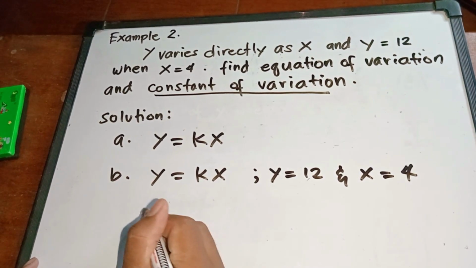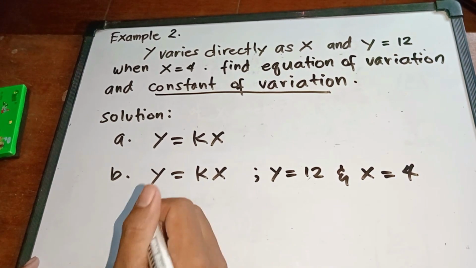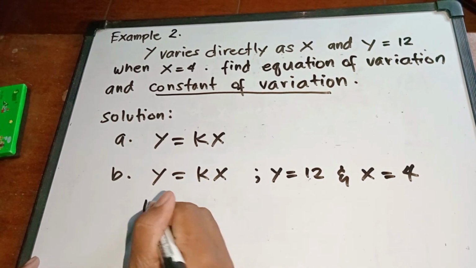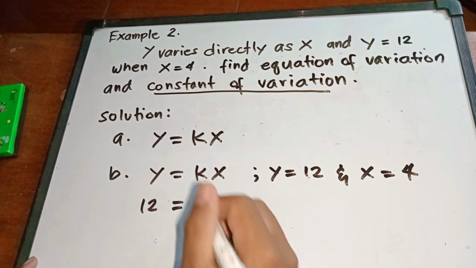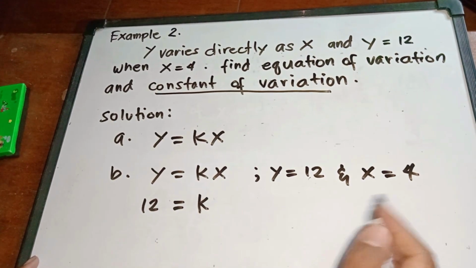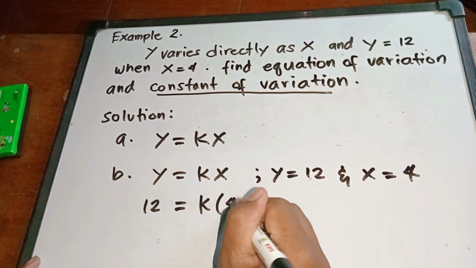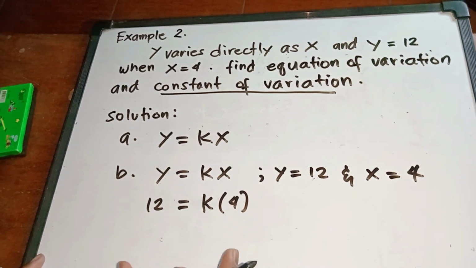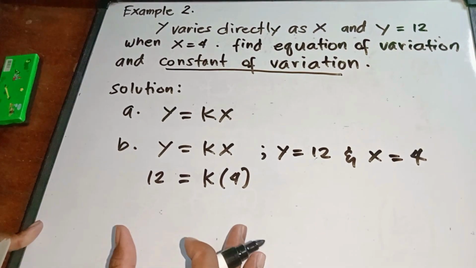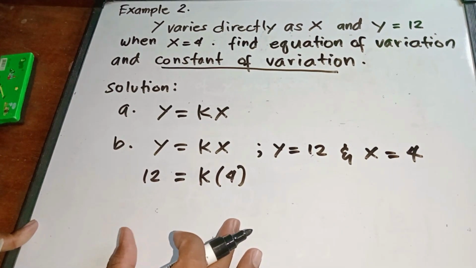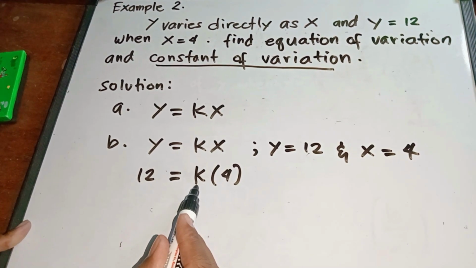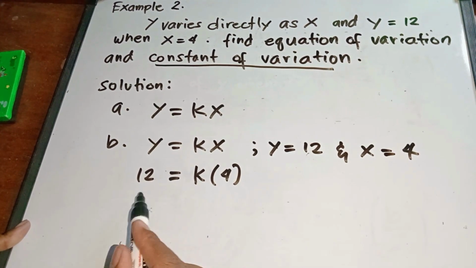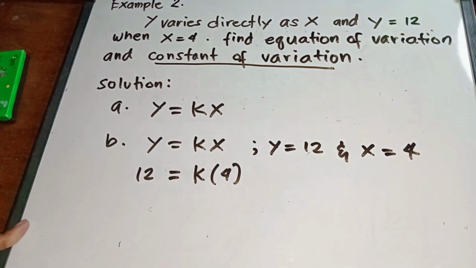So, mangyayari, magiging 12 equals k multiply by 4. So, ito yung ibang way kung ayaw mo nang mag-derive pa ng formula. So, ang gagawin nyo lang dito, kinakailangan matira dito si K. So, lagi nyo tatandaan, para matira si K dyan, titingnan nyo, sino ba yung kasama ni K?